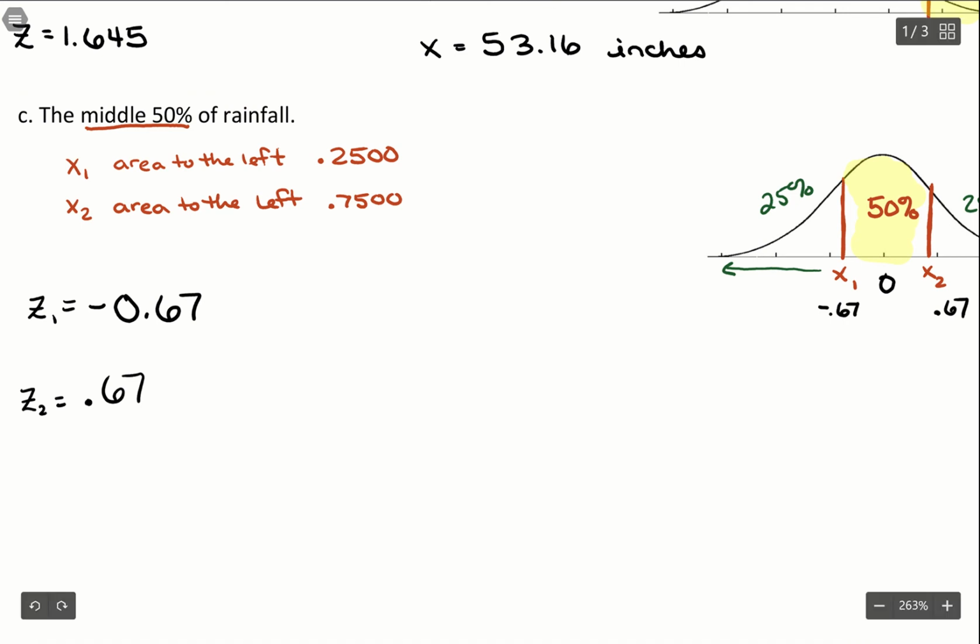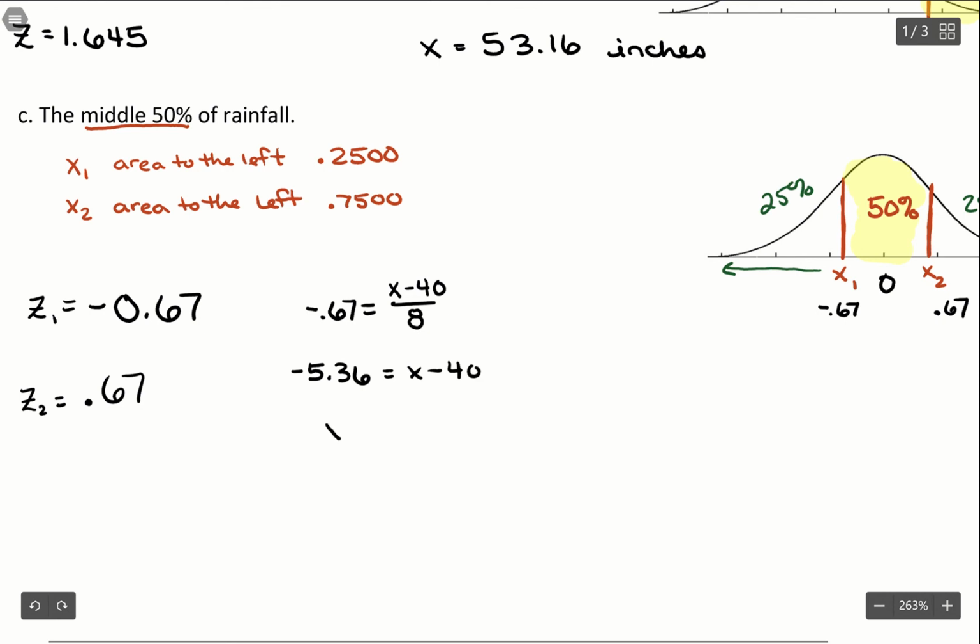So then what we want to do is change these in terms of being in rainfall. So what we could do is take our negative 0.67 equal to x minus 40 over 8. Multiply both sides by 8. So we'll have negative 5.36 equals x minus 40.